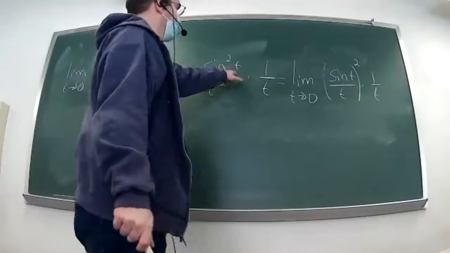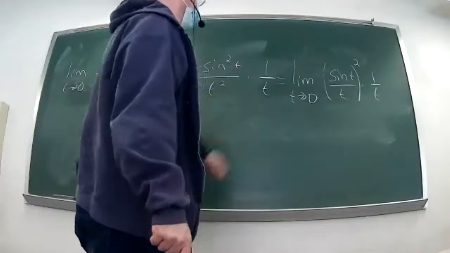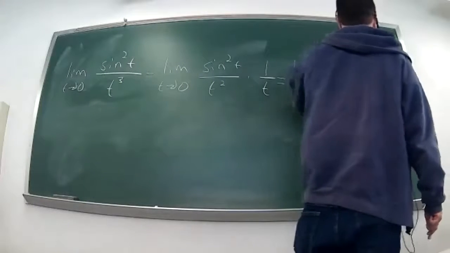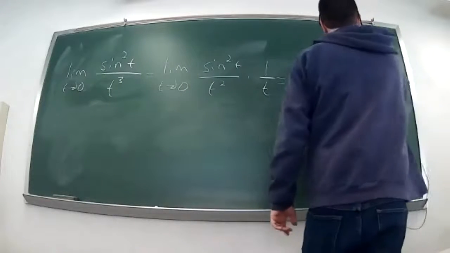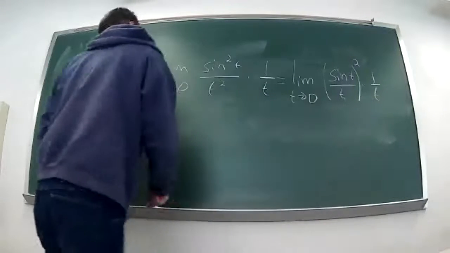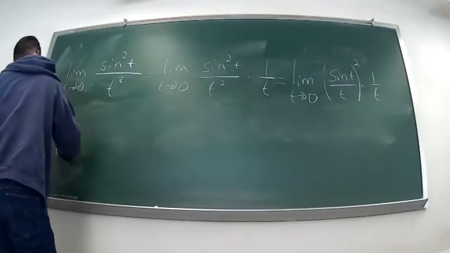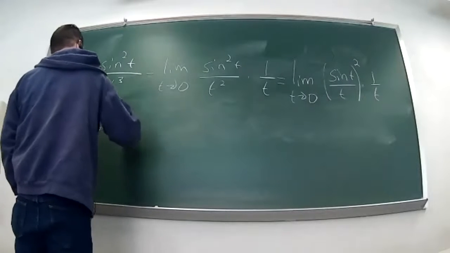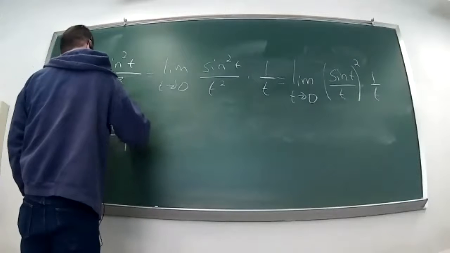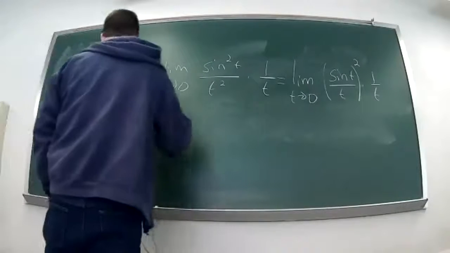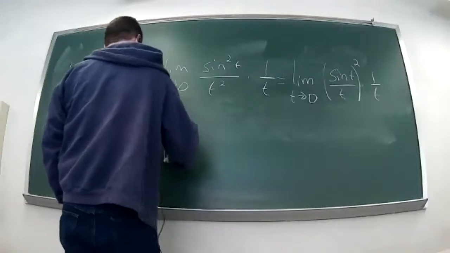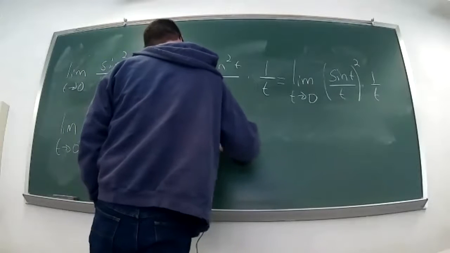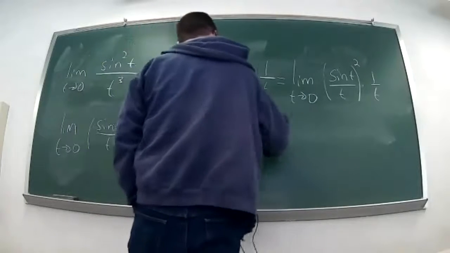Right, sine squared t is sine t times sine t, and t squared is t times t. So you can write this like that. And what you know is that the limit as t goes to 0 of this, by the limit law, is equal to the limit as t goes to 0 of sine t over t squared.